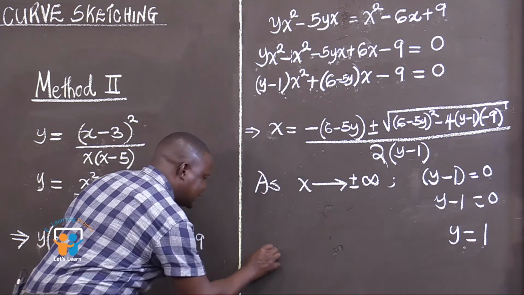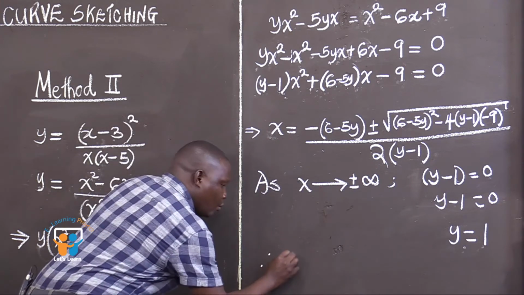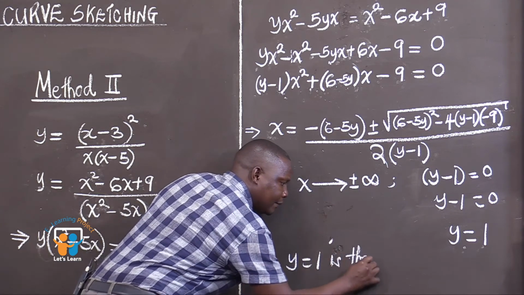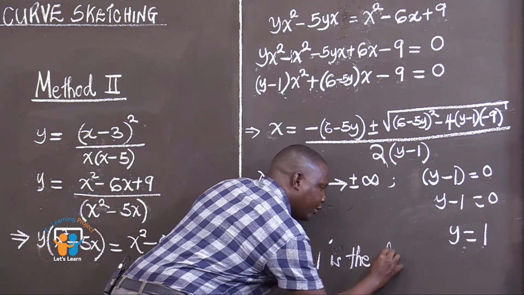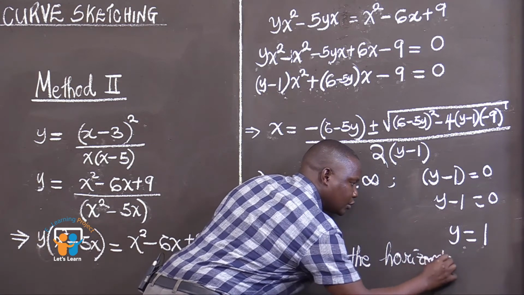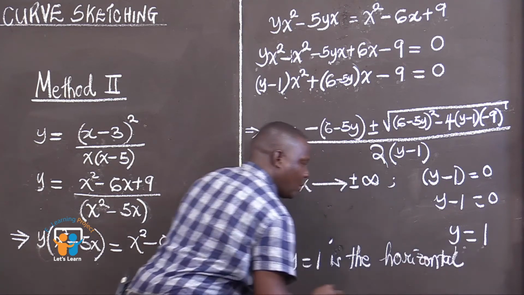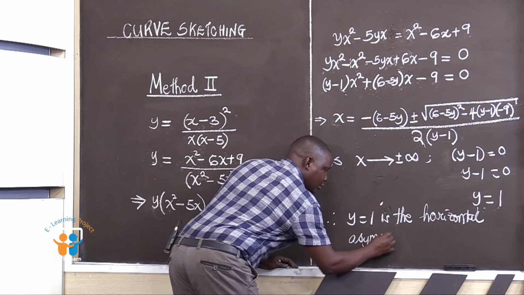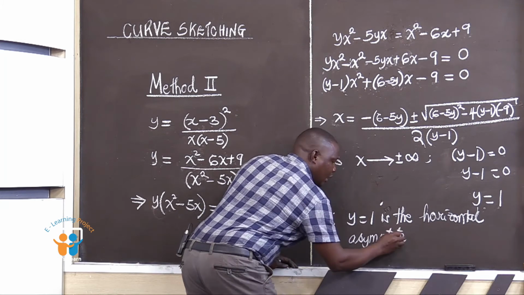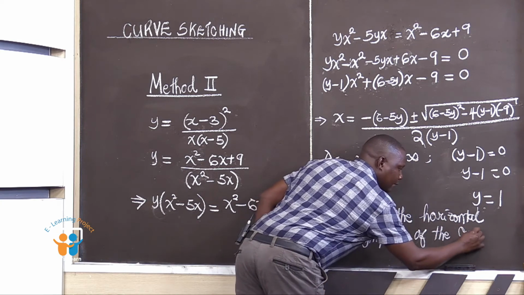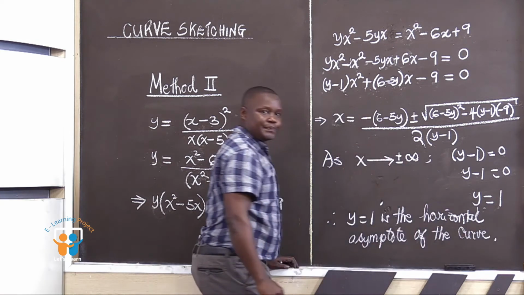So you conclude and say therefore, y equal to 1 is the horizontal asymptote of the curve.